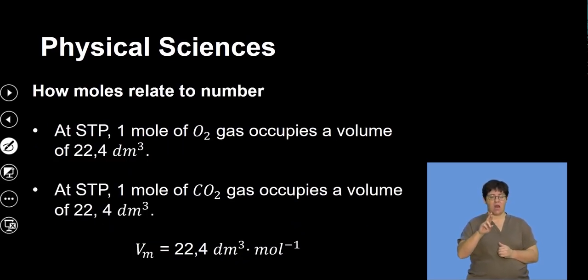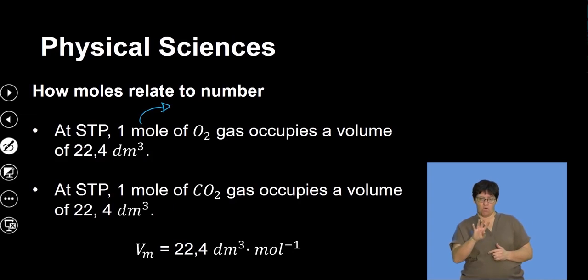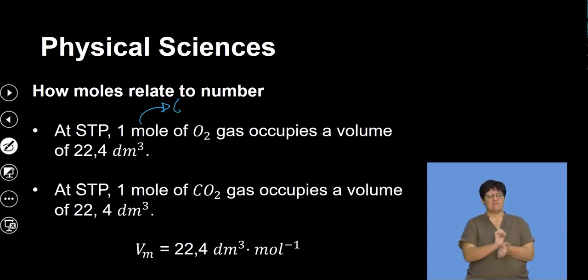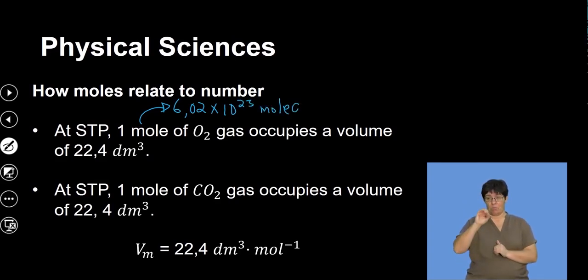How do moles relate to number? At STP, 1 mole of oxygen gas occupies that volume. Let's agree that if we talk about a mole of oxygen gas, it has a fixed mass. This mole contains 6,02 times 10 exponent 23 molecules of oxygen.